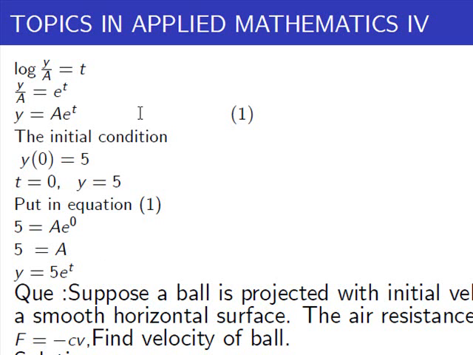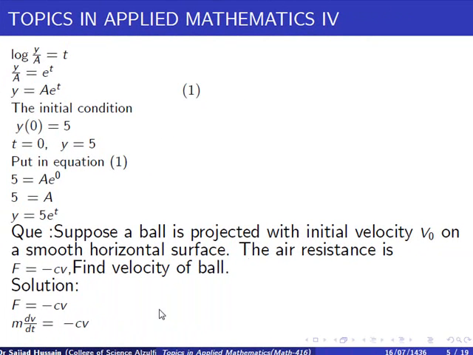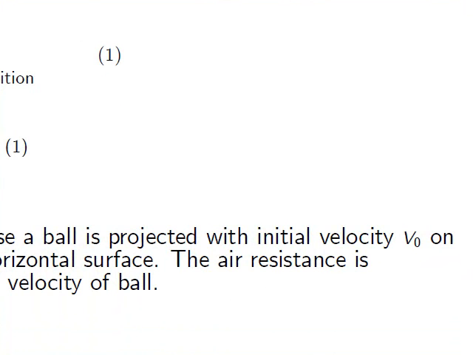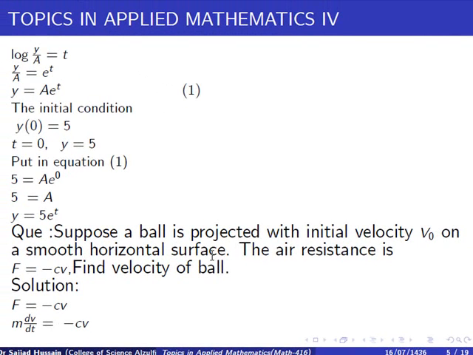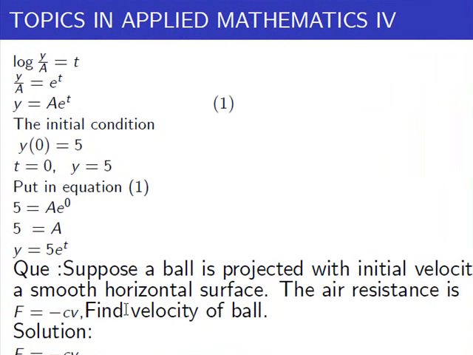We now use an initial value problem for an interesting physical problem. The problem states that suppose a ball is projected with initial velocity v0 on a smooth horizontal surface. The air resistance is F is equal to minus CV.